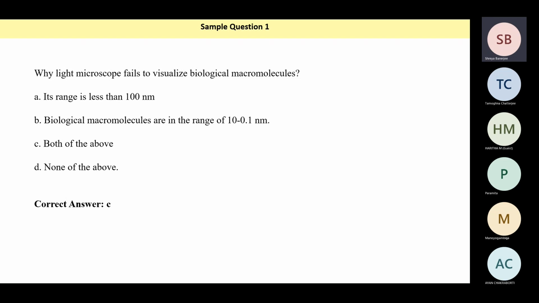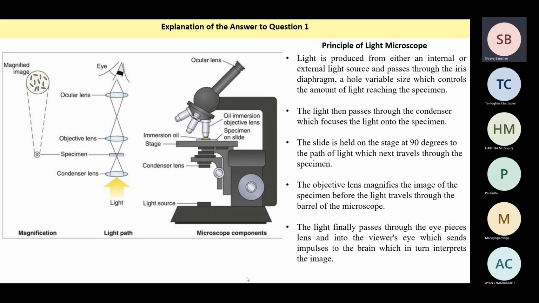So basically, this is the mechanism of a light microscope. Light is produced from an internal or external light source, and it passes through the iris diaphragm, which is a hole which controls the amount of light reaching the specimen.